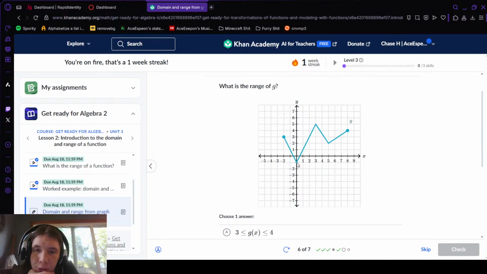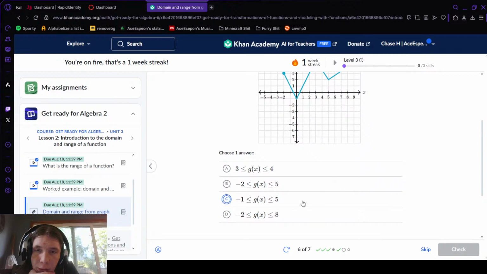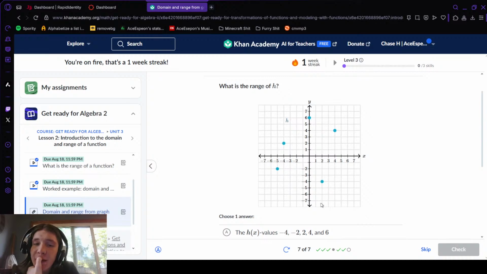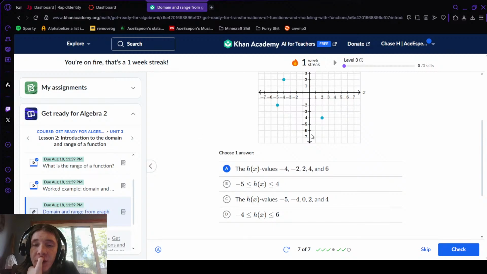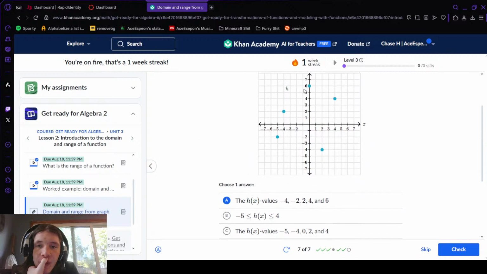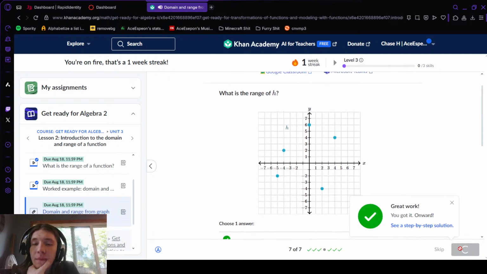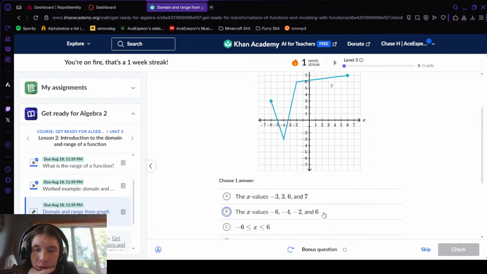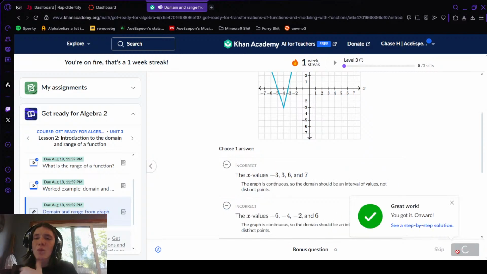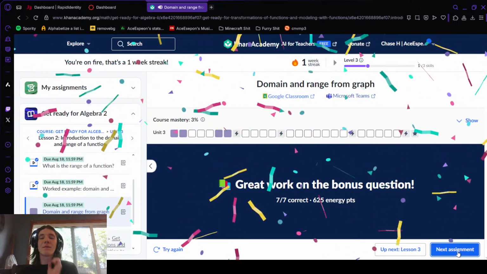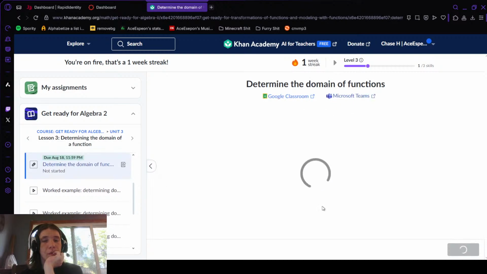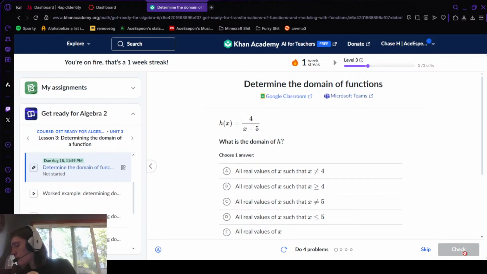What's the range? Is it -1, 5, range -4, 2? Domain. Ooh.